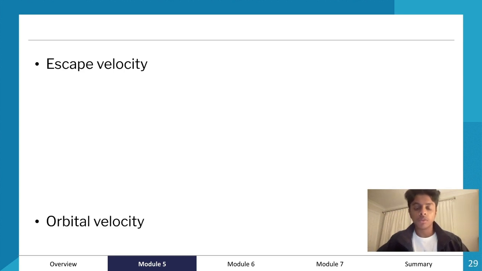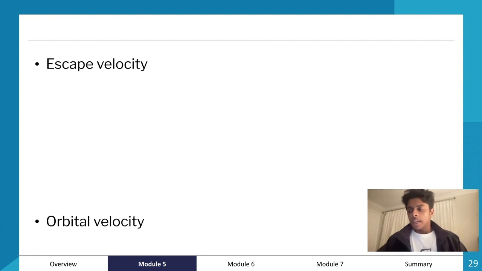And we can also solve for orbital velocity. What will we do when solving orbital velocity? Well, think about the setup. Orbital motion is not always uniform circular motion. It's elliptical; the Earth orbits the sun in an elliptical orbit. But for the sake of the equation, we're going to consider it as uniform circular motion.